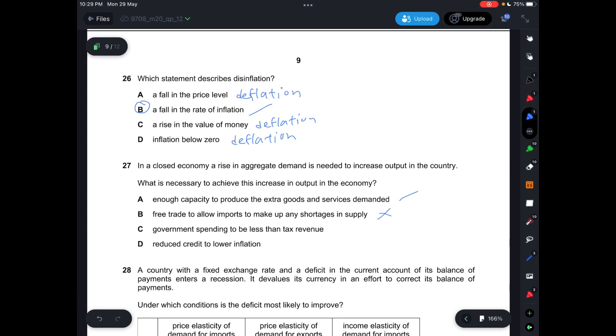C says government spending to be less than tax revenue, which would result in a lower GDP, and your revenue is more than your spending, so there's a surplus. And D, reduce credit to lower inflation, will result in AD shifting to the left, so it's also not correct. The answer has to be A.